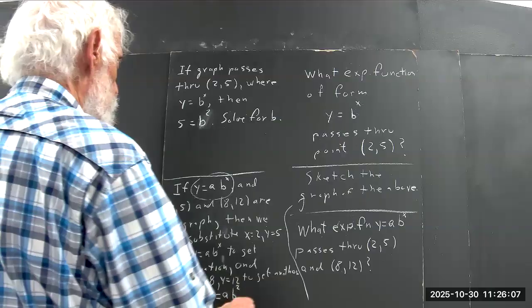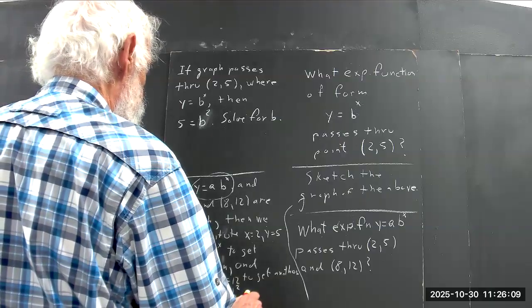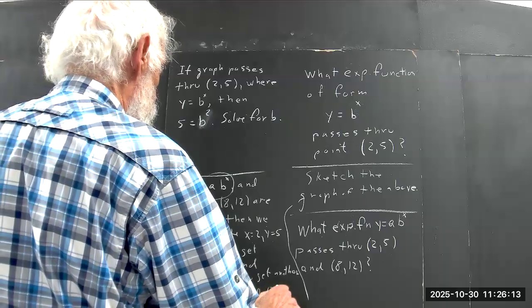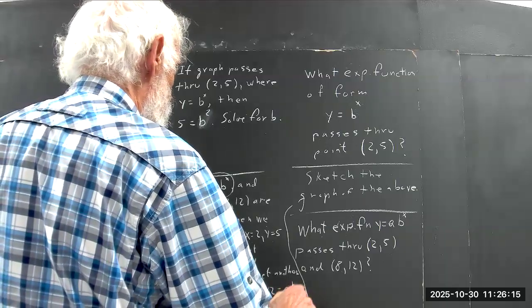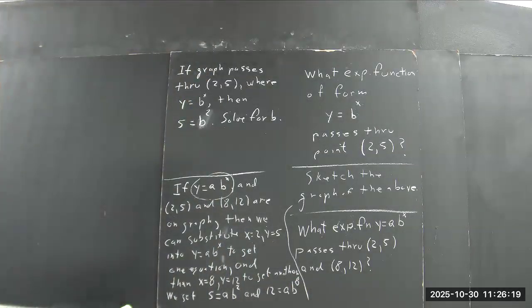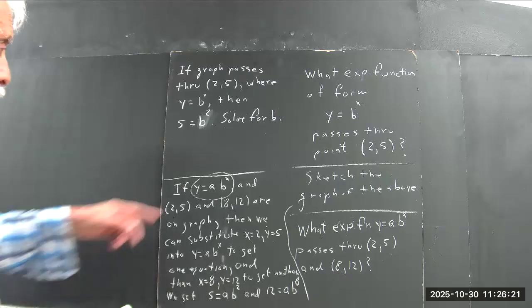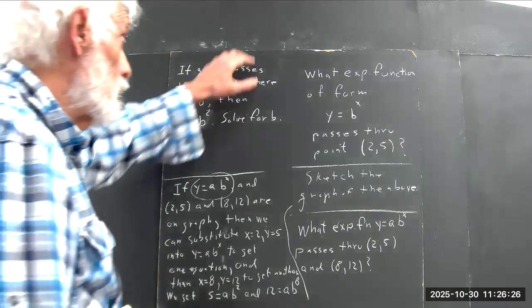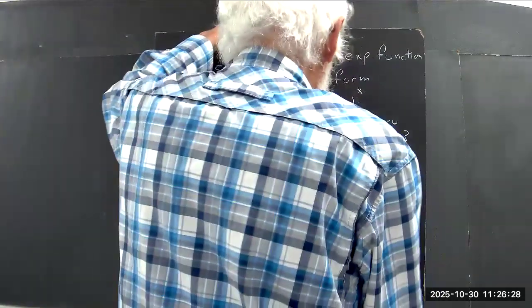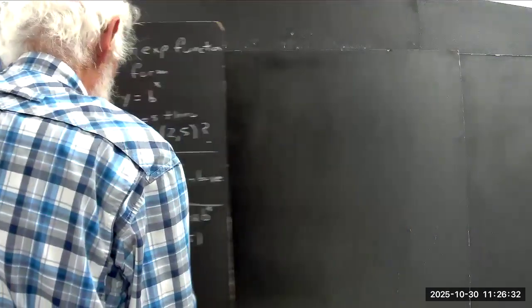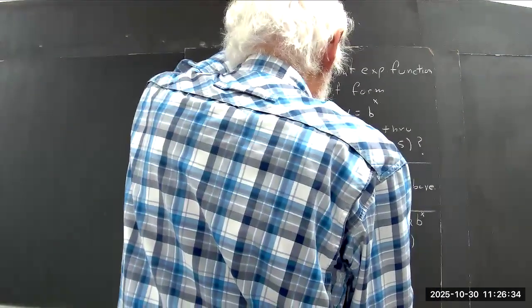We get 5 equals a b squared. And 12 equals a b to the 8th power. So now we get two equations. I'll leave this here.